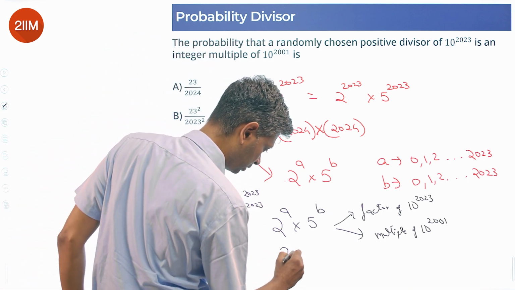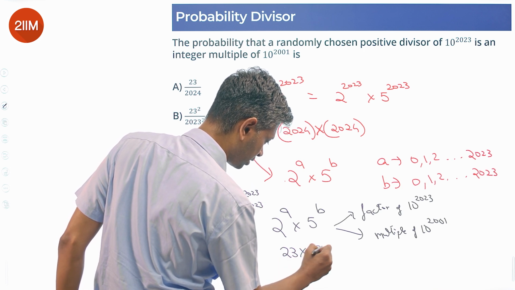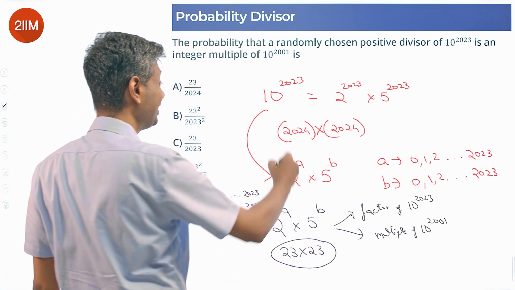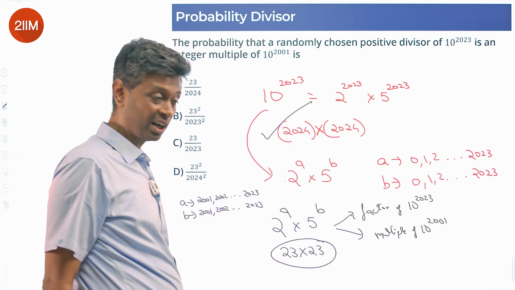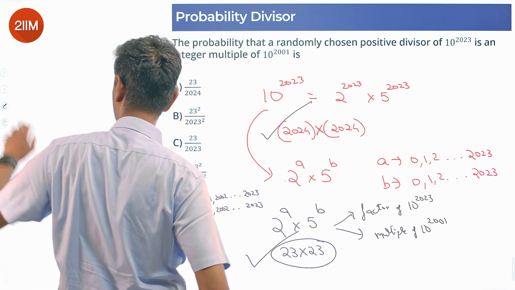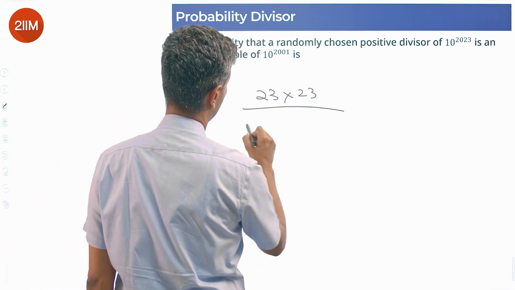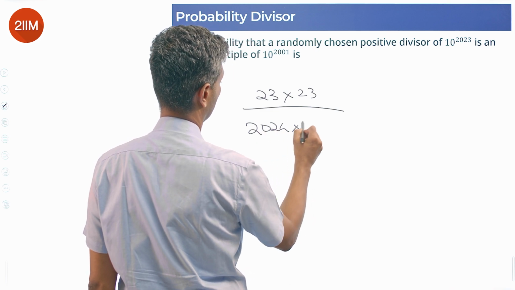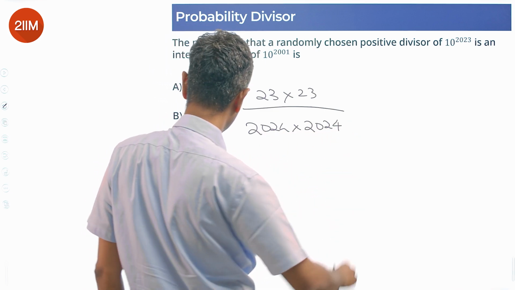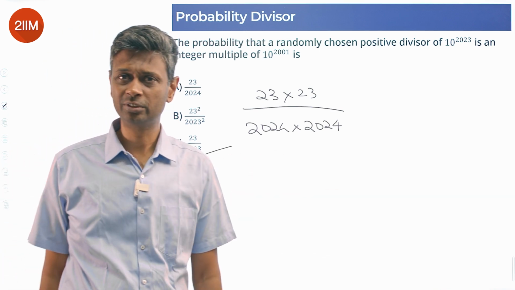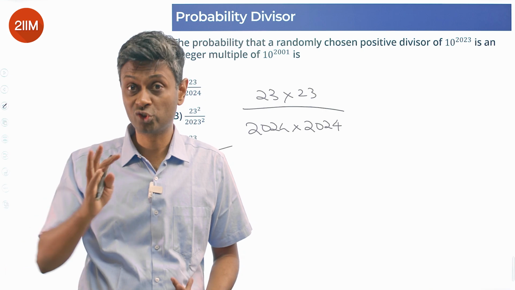How many possible numbers are there? 3 into 3 combinations. What are the chances our number is within this subset? Our probability is 3 into 3 by 2024 into 2024, 3 square by 2024 square. Nice and simple. Seems like a very intimidatingly tough question. It is not.